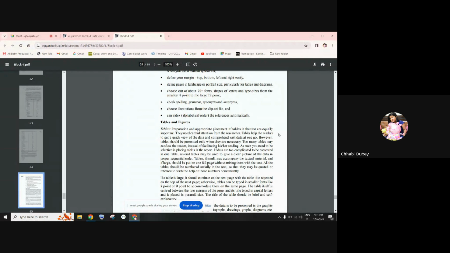And the table should be accompanied by textual material, so you should be able to explain whatever has been presented in the table as well as in the diagram. Also, the tables must be properly numbered, so that when you are making a list of tables in the introductory part, that comes in handy.